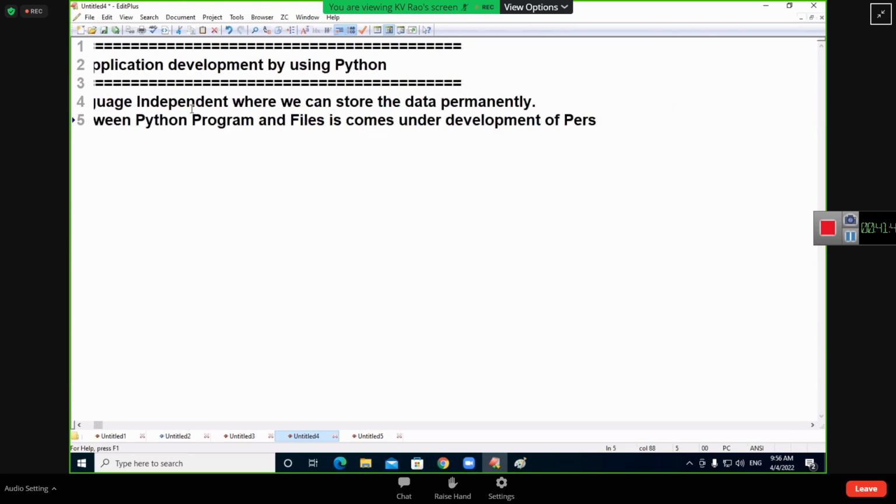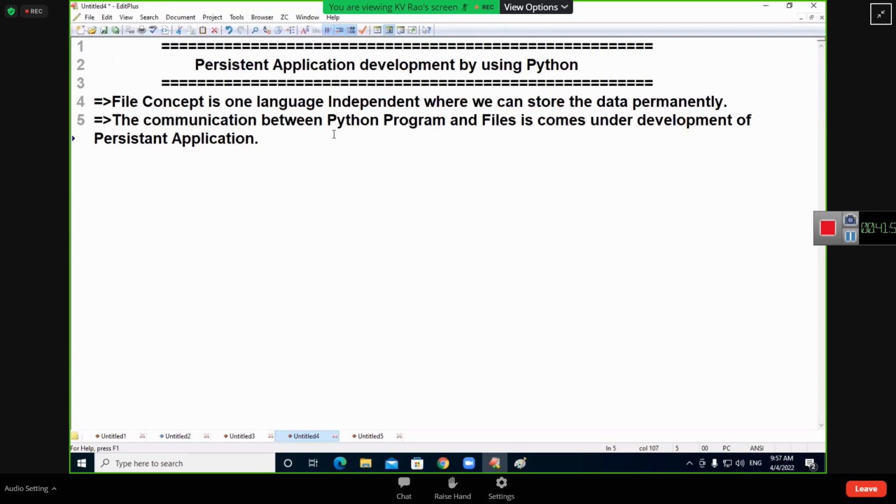Persistent application development. I hope you are understanding what is an example of persistent application development. The communication between Python program and files comes under the development of persistent application.